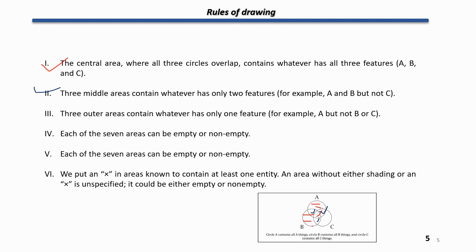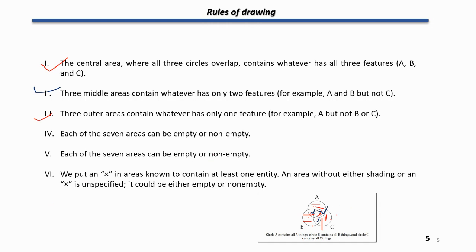This is only A, nothing common, and this is only C, nothing common. So this is the third point. Now each of the seven areas can be empty or non-empty. Total seven areas are there: one, two, three, four, five, six, and this one common to all three. Each of the seven areas can be empty or non-empty.